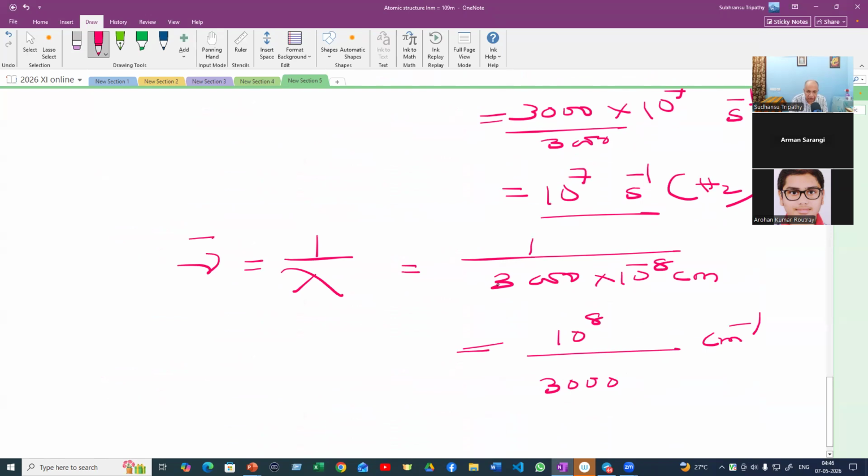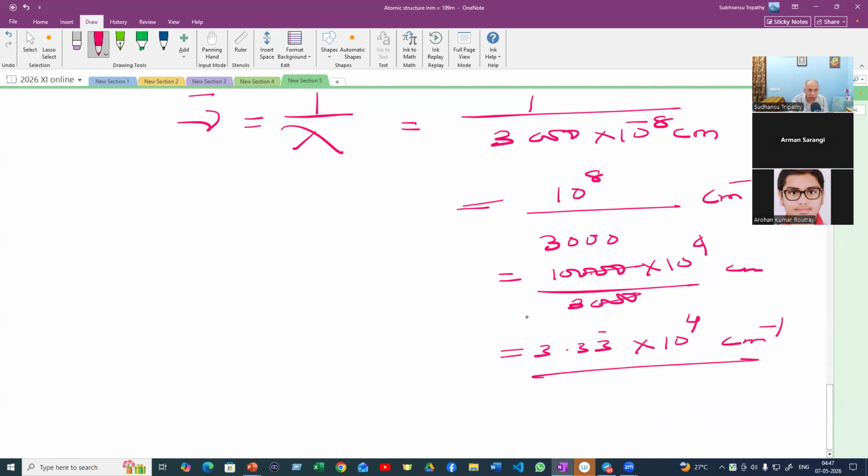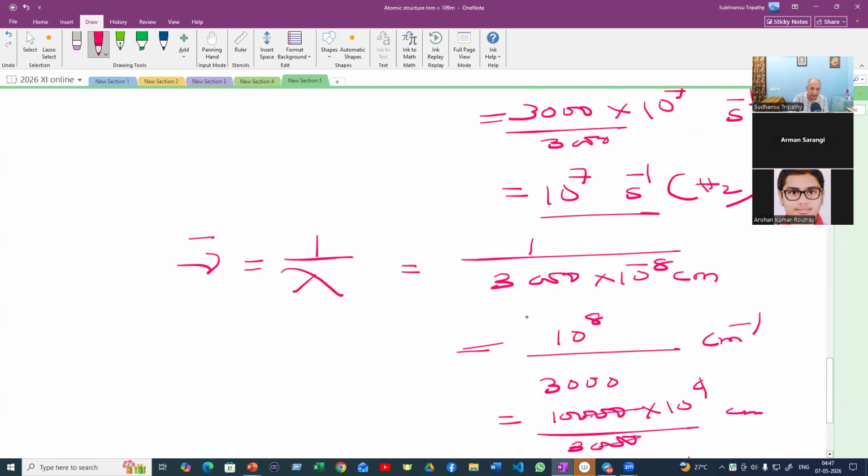This becomes centimeter inverse. So borrow 10,000 into 10 to the power 4, so that we can have a scientific way of expressing your answer. So 3 zeros get cancelled, and it is 3.33 recurring into 10 to the power 4 centimeter inverse. So the wave number of the wave I gave you is this one, and the frequency of the same wave is this one. Did you do it in your copy?